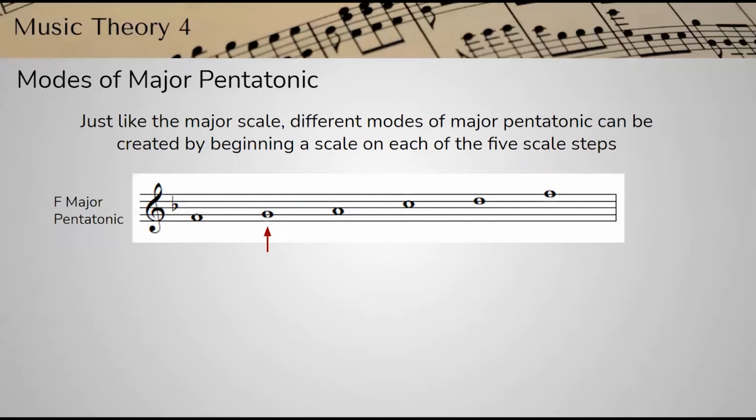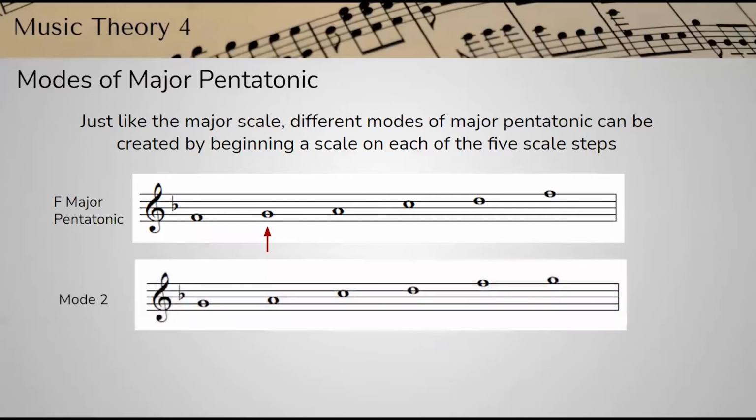So if we started a scale on the note G of this pentatonic scale, we'd end up with what's called the second mode, or mode 2 of F major pentatonic. And this is universal. You can do this with anything. Like we could have called Dorian mode 2, and it is. This is just a universal name for it. So that sounds like this.